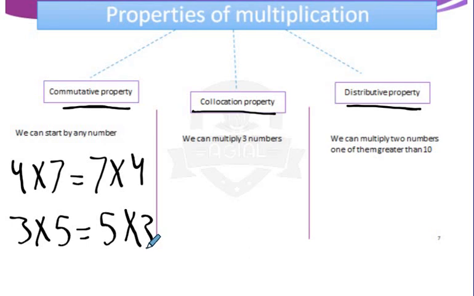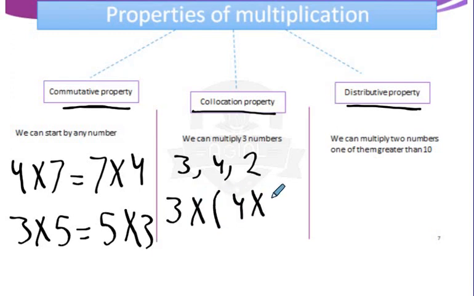Okay, number 2, grouping property. In here we can multiply 3 numbers. If we have 3 numbers like 3 and 4 and 2, we can multiply 3 numbers by taking any one, like 3, multiply, open 2 brackets, and put 4 multiply 2. At first, 4 multiply 2 equals what? Who can say?